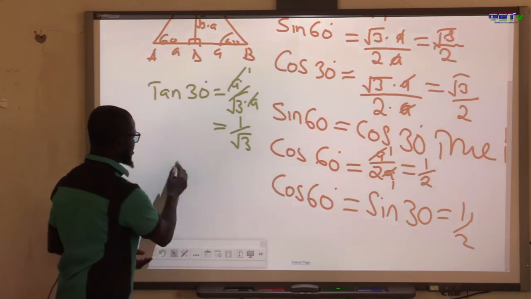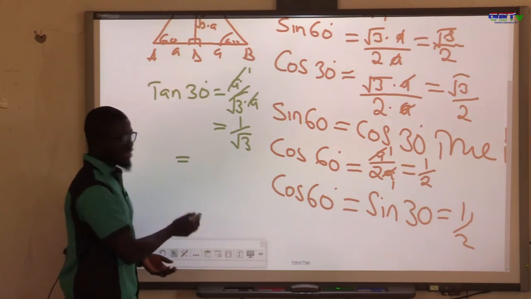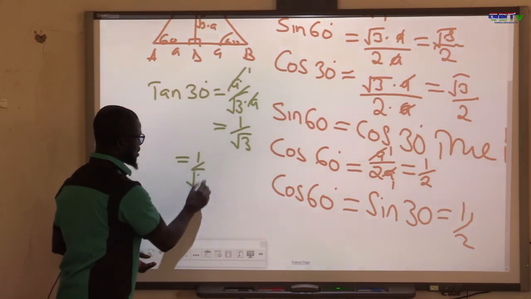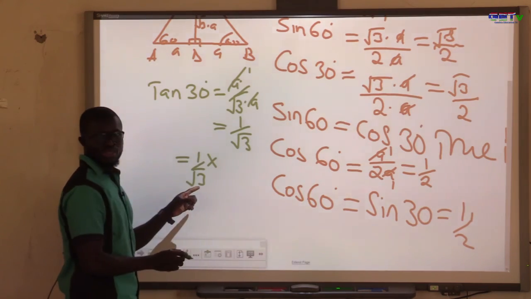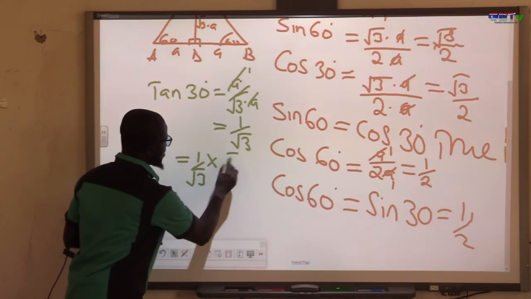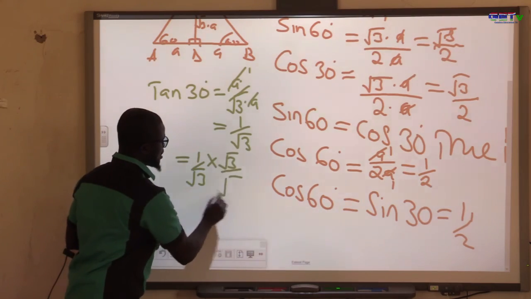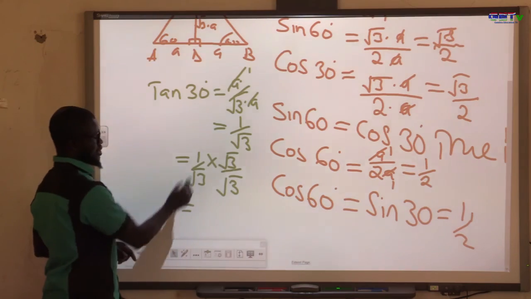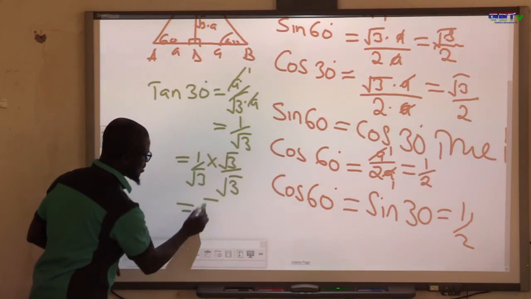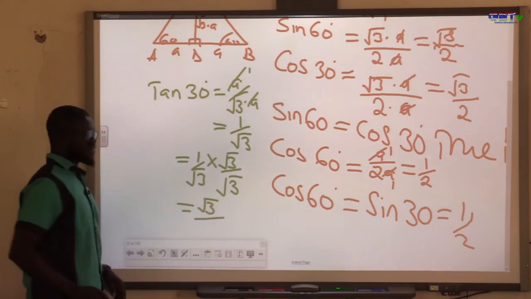If you want, you can further rationalize this, and that will give you 1 all over root 3 times root 3 over root 3. To rationalize, you take the denominator, which is in a radical form, and multiply both the numerator and the denominator. If you do that, you are going to have 1 times root of 3 will give us root of 3 all over.